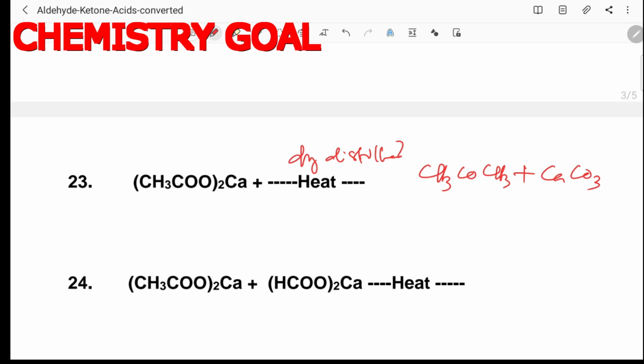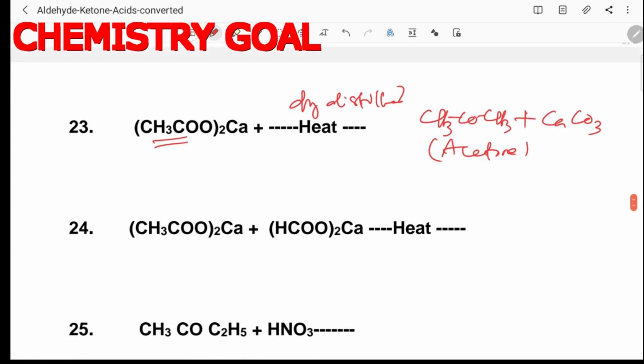Here calcium acetate, when it is dry distilled, the product is acetone. Always the product is acetone. CH3CO, as CH3CO is taken, so product is acetone. Acetone will be formed. But when calcium salt of acetic acid is heated in presence of calcium formate, the result is aldehyde.